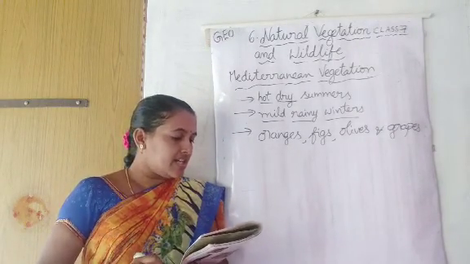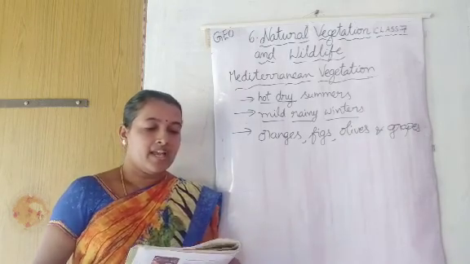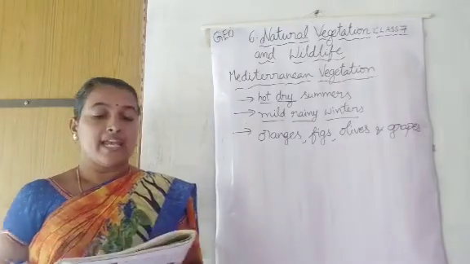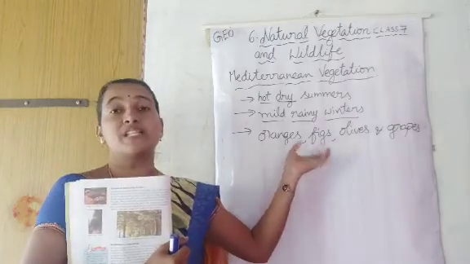All these are commonly cultivated here because people have removed the natural vegetation in order to cultivate what they want. Earlier, the natural vegetation was different.